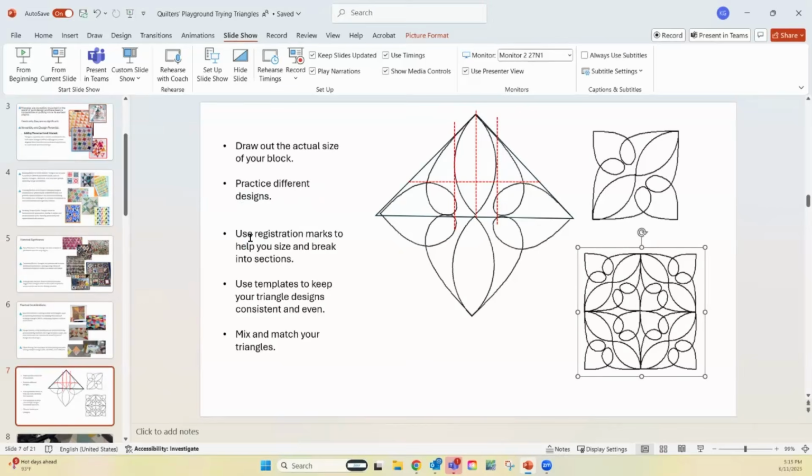But just by practicing, you'll see what you like, what you don't like, and really what you're good at and what you're not, and what you need to practice on. Then use the registration marks to help you identify those key parts of the design to keep them nice and consistent. And so that will help you break it into sections. Then use templates if you need to, and mix and match your triangles. I'm going to talk about that in a minute.